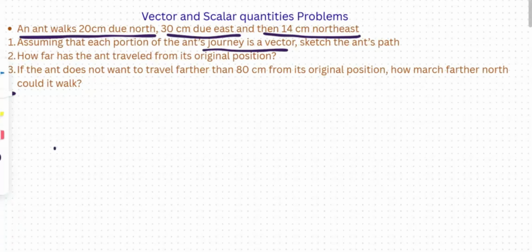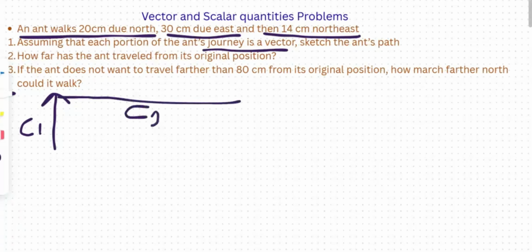So the ant walked 20 centimeters, let's call this C1, due north, 30 centimeters, let's call this C2, due east, and 40 centimeters, let's call this C3, northeast. So this is a sketch of how the ant path moved.